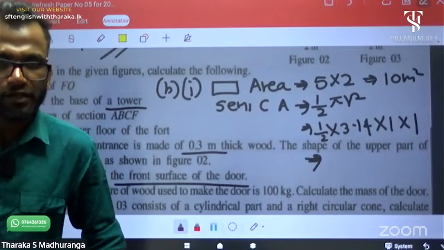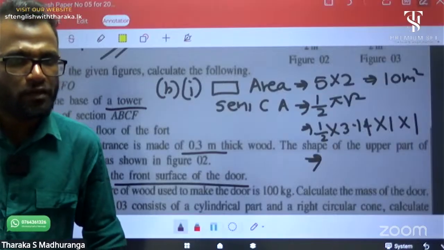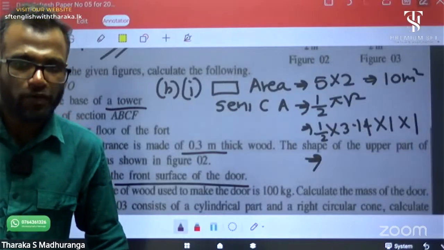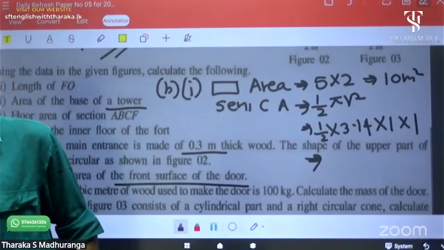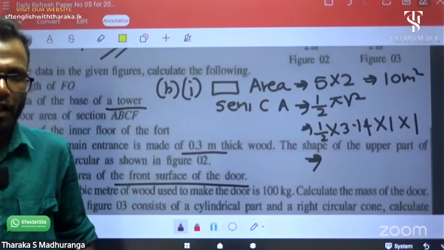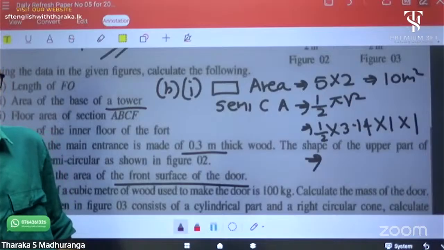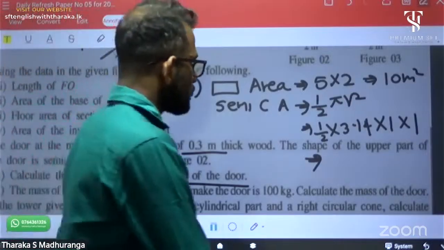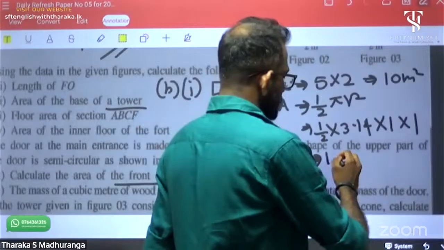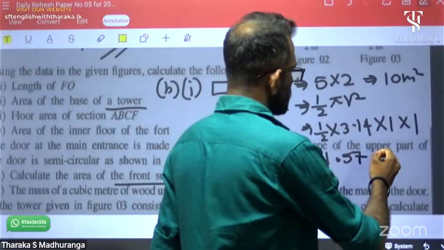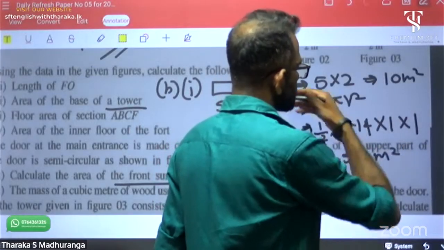157, right? 157 means 1.57. Correct? 1.57 square meters.